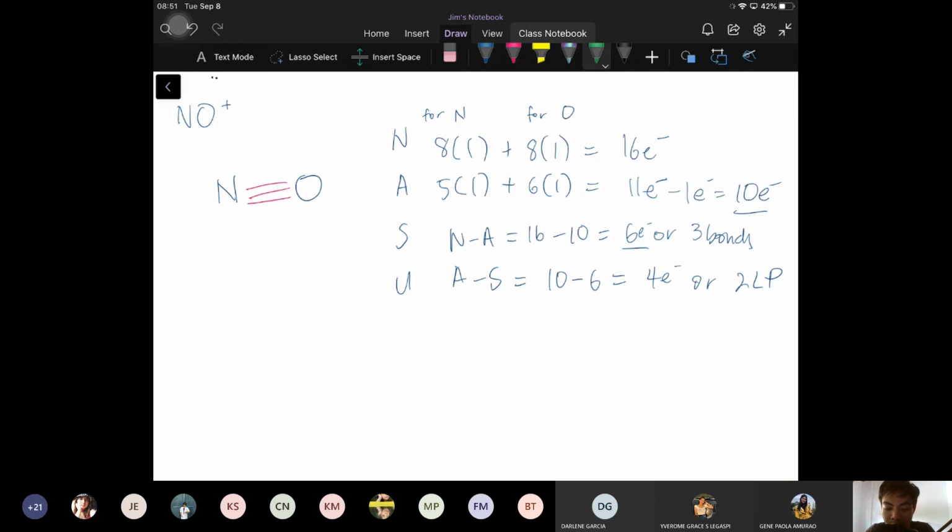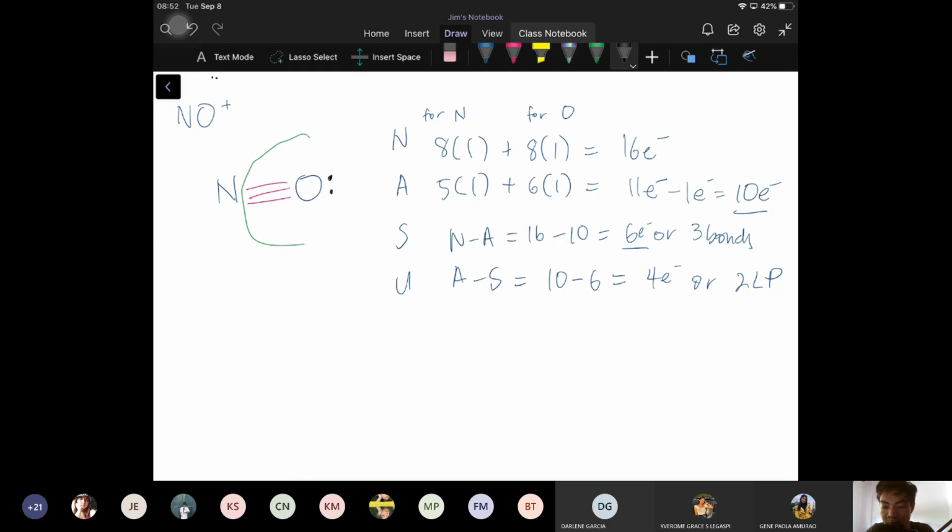Gawin mo, you draw a border muna. Then you check if it already follows the octet rule. For this oxygen, we already have 6 electrons, 2, 4, 6. So, ilan pa ang kulang na electron? Dalawa. Or 1 lone pair yon.